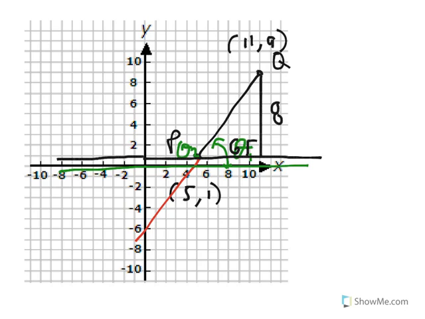We could also use that to find angle theta, with the fact that the tangent is opposite over adjacent, 8 over 6.